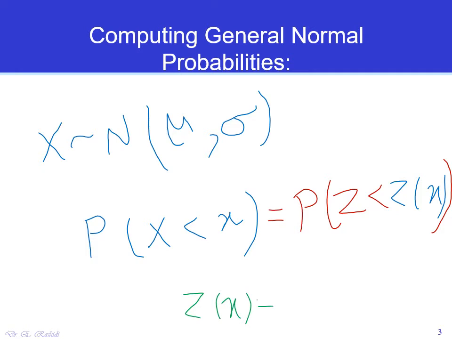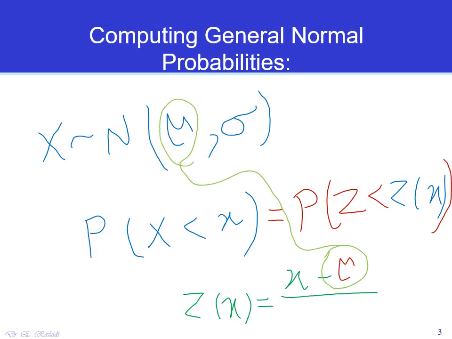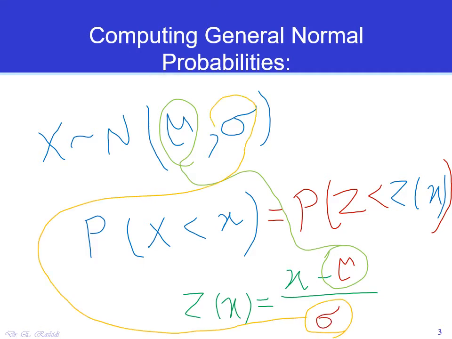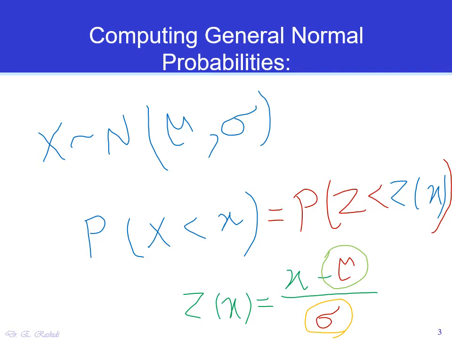The z-score of x is equal to the value x minus the average mu, which comes from here, of course, divided by the standard deviation, which is sigma. And sigma comes from here. If we find the value of the z-score of x and the probability that Z is less than the z-score of x, that would be equal to the probability that X is less than x. This will all make more sense when we do an example. So let's go ahead and do an example for this.